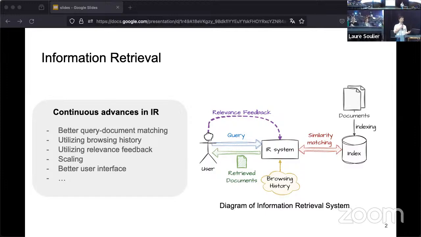So it usually involves a user searching for information and a system retrieving documents that match the user's need, usually from large collections of documents.